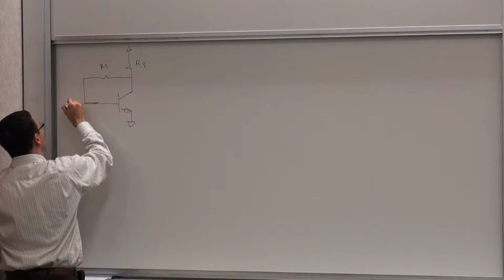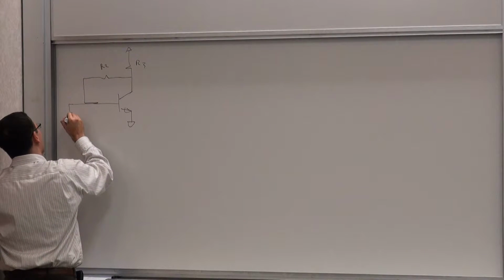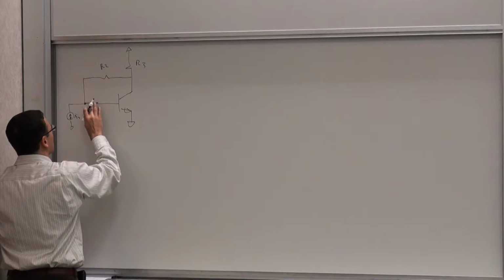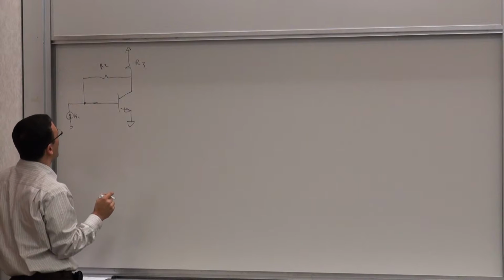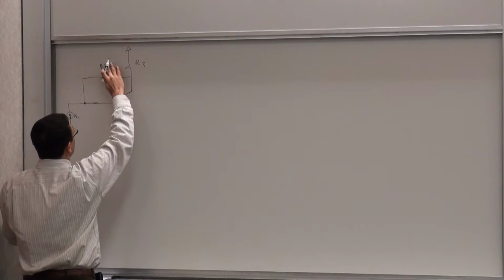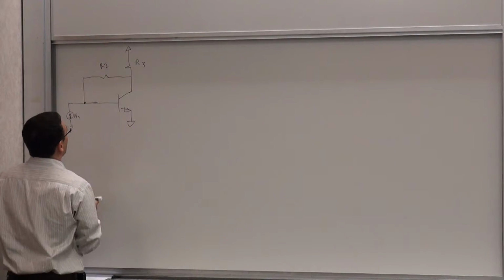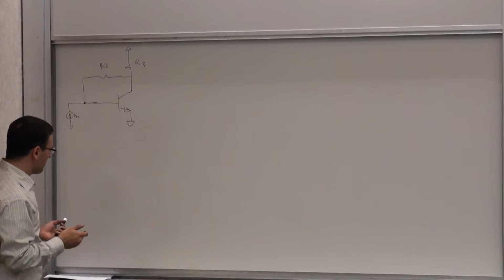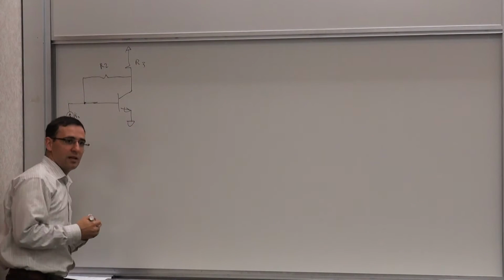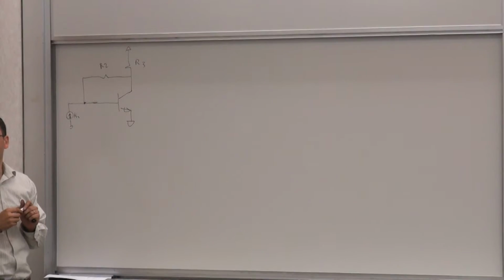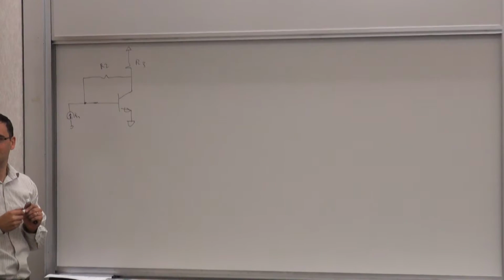This is R2, this is IN. And this was the stage that we have. And this looks like a simple loop. Now if I show it like this to you, and I ask you, is this a unilateral loop or bilateral loop at low frequencies, what would you say?